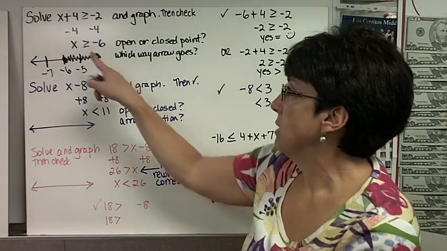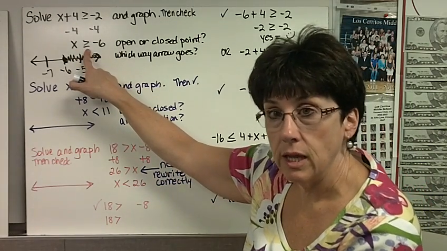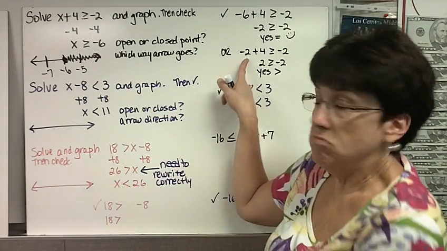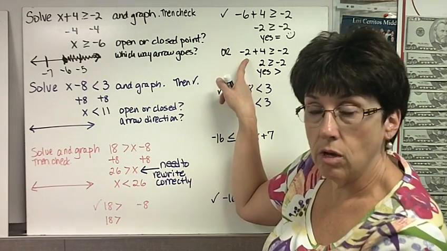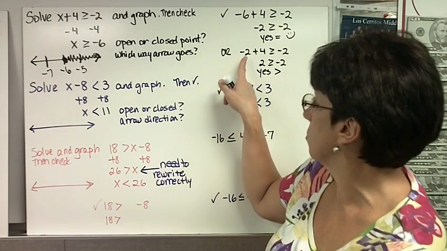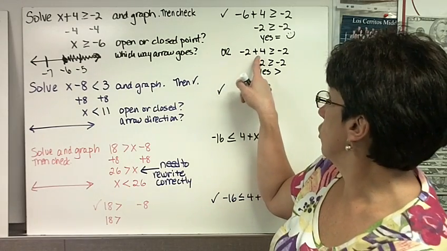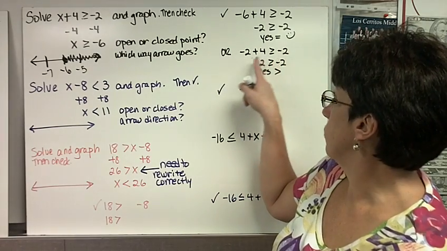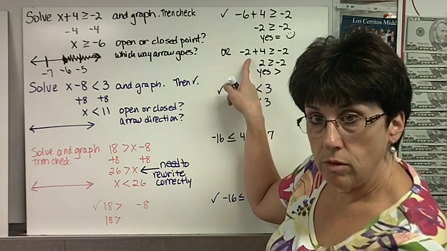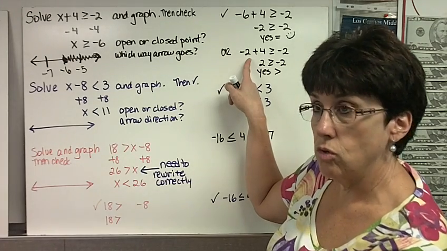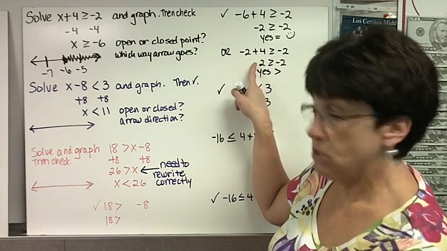Yay! But let's say I picked a number greater than -6. Let's say I picked -2 or 0 or a billion. I don't feel like writing that many zeros, so I'm not going to pick a billion. All right, now do your problem. -2 plus 4 is greater than or equal to -2. -2 plus 4, the signs are different, so you subtract. It's 2.